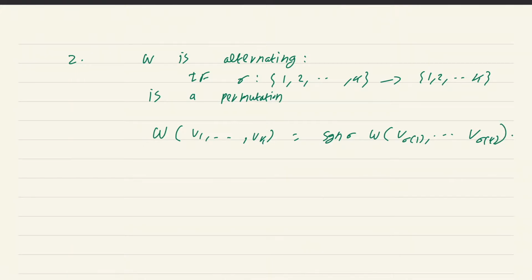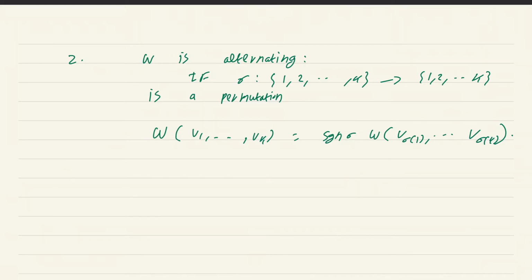So what this is saying is, if you shuffle around the slots, then you get a sign plus or minus 1, and that plus or minus sign is exactly coming from the sign of the permutation that does this shuffle. Okay, so this is the definition of a k form.